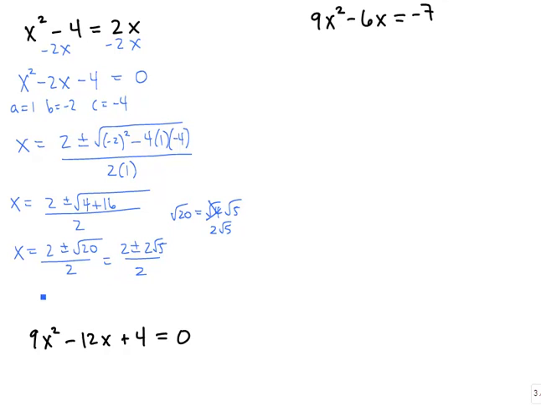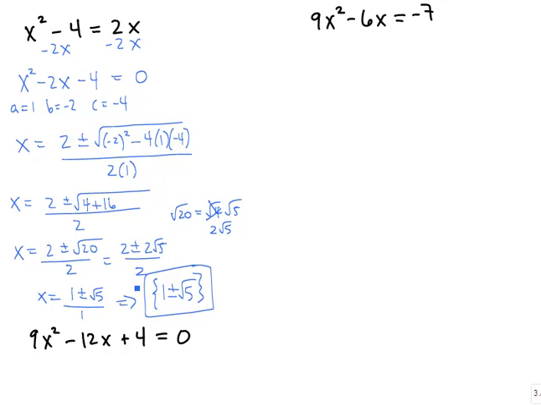So if I divide through by 2, 2 divided by 2 goes to 1. 2 root 5 divided by 2 goes to just root 5. And in the denominator, 2 divided by 2 goes to 1. And we don't even need to write that 1 in the denominator. So my solutions are 1 plus or minus the square root of 5. So your instructor will always expect you to reduce your radicals and reduce your final fraction.